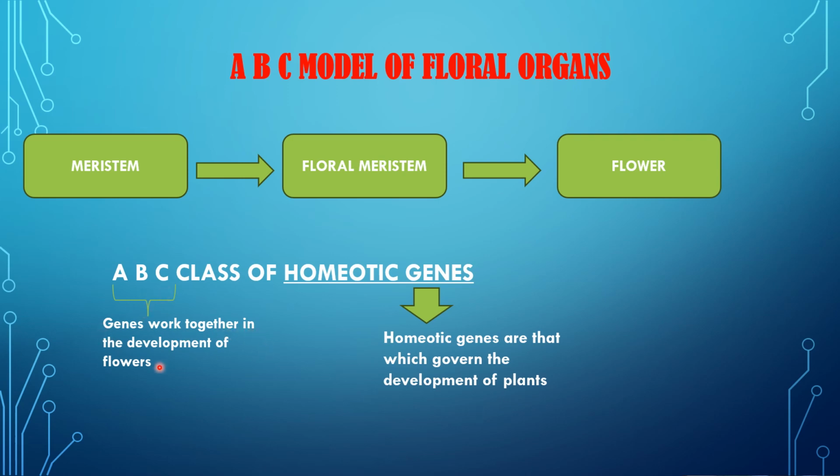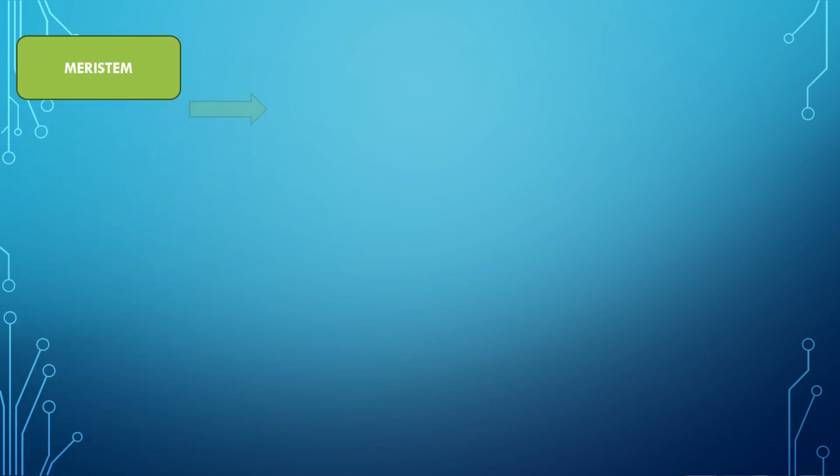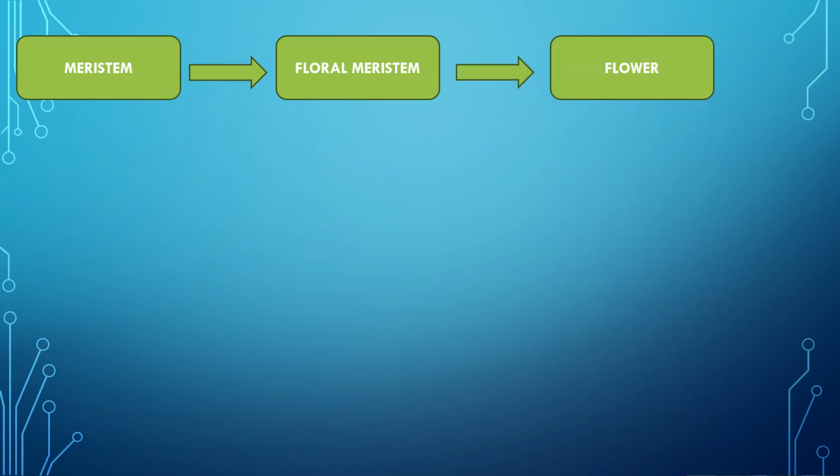These are genes that work together in the development of plants. ABC are nothing but a cluster of genes working together in the process of development of the flower. The same meristem gives rise to the floral meristem, and the end product is the flower.